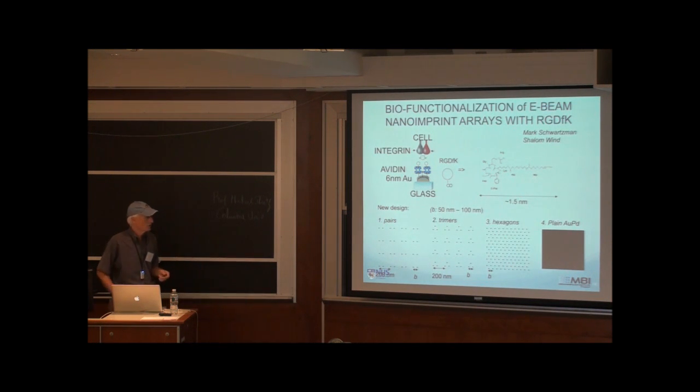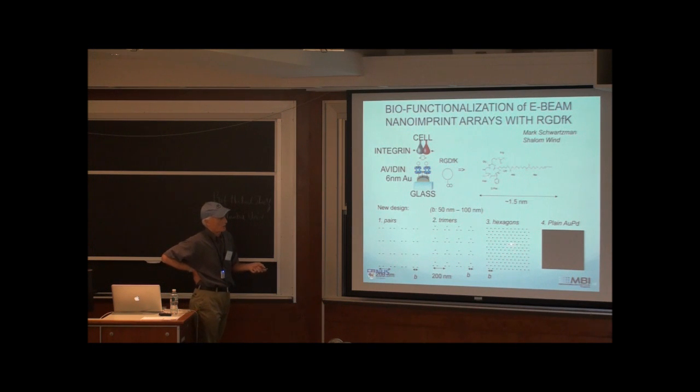Now, in the meantime, Joachim Spatz's lab has been producing surfaces with diblock copolymers around gold, so that they can produce arrays of 5 to 6 nanometer gold dots spaced by defined distances from one another, dependent upon the size of the diblock copolymer micelle.